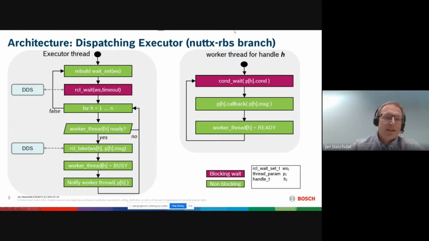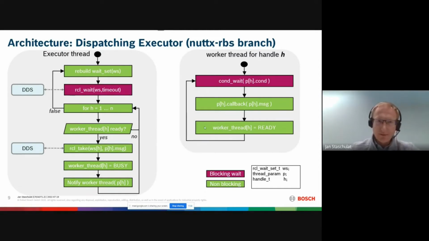The executor itself then only asks for new data from the XRCE-DDS by RCL wait, and then checks if that particular worker thread is ready to process this call. Only then does it take that message and make a handshake with the worker thread, and the worker thread essentially waits for this new data, calls the callback, and then is ready again.